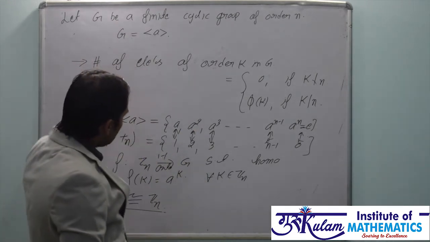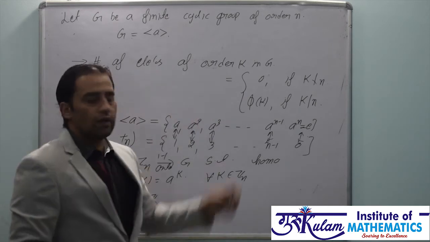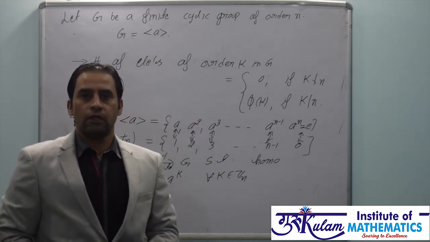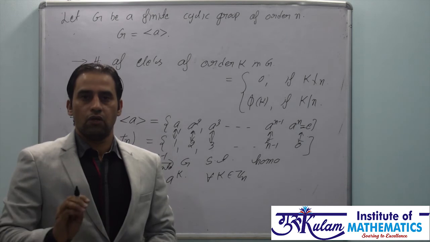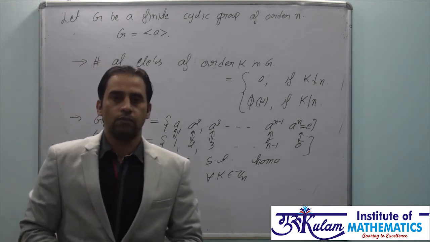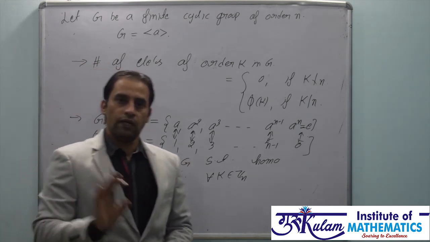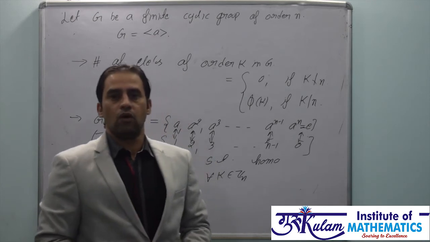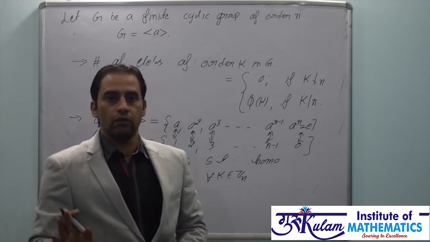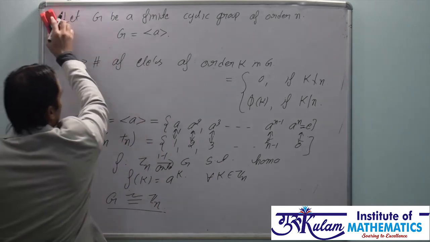Now, based on these properties, or based on the counting of elements in a finite cyclic group, we can count the number of cyclic subgroups of a given order in any group. So what is that property?